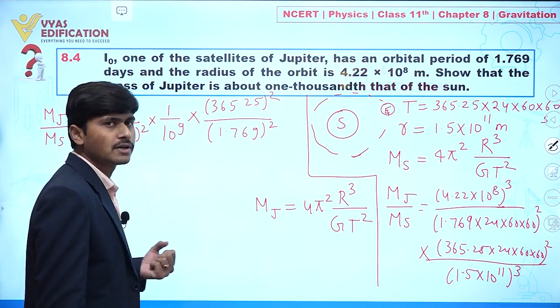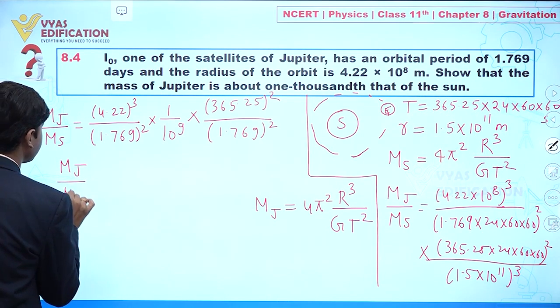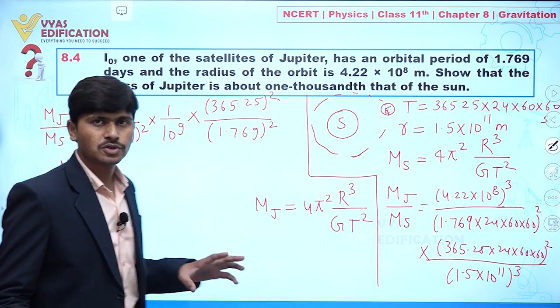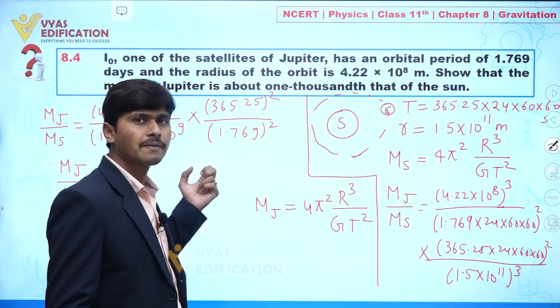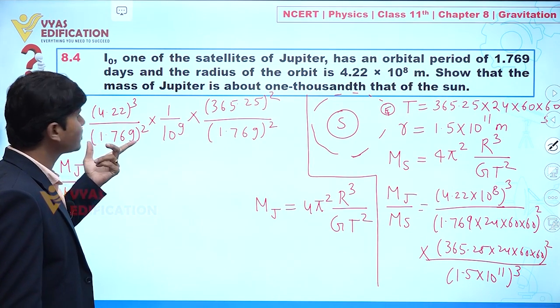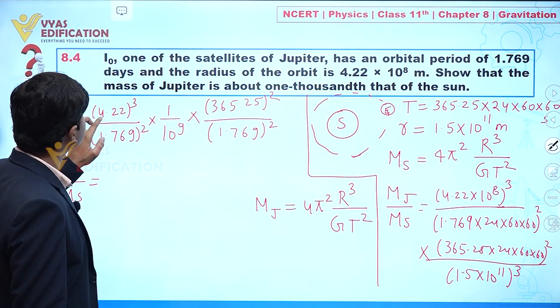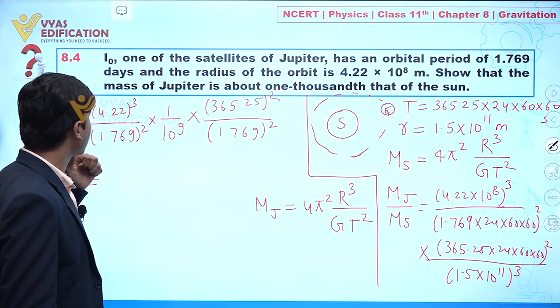So dear student, if you solve it, approximation you can take here and easily solve it, clear. You can write like this, mj by ms equal to, let's suppose I am assuming this is 4.5 and this is, let's suppose 1.5, or if we are increasing this one, we have to increase this one also. So let's suppose I am saying this is 4, clear, and let's suppose this is 1.5, clear.